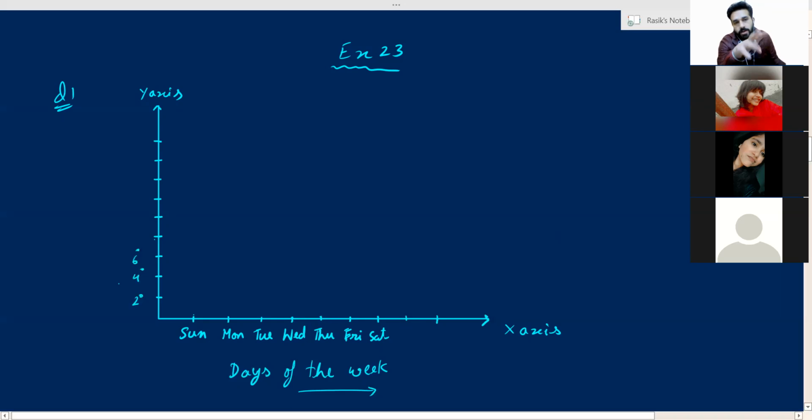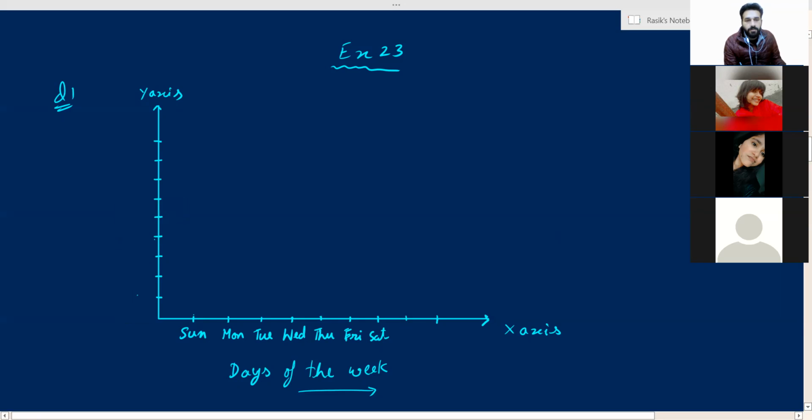It will be very difficult to complete this on the y-axis, because it will go way beyond your graph paper. Although we can do it, the size of the graph paper is not that big, so we won't be able to complete it.